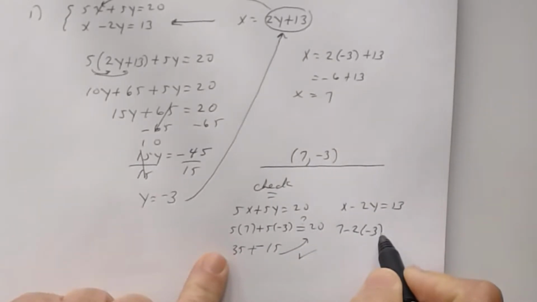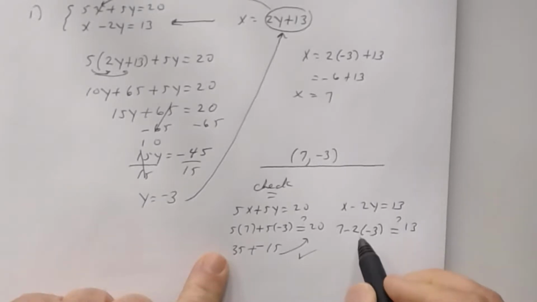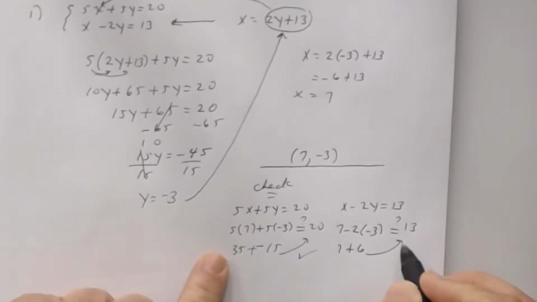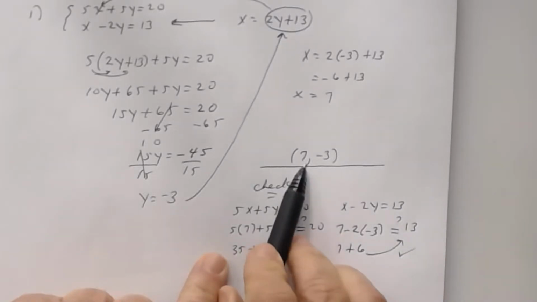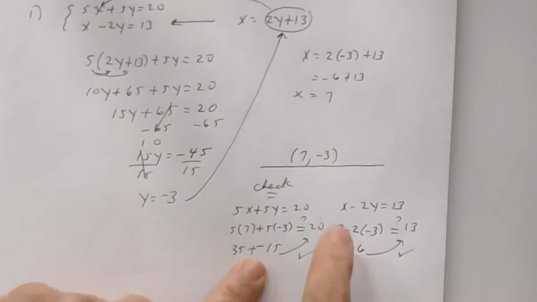Y is negative 3, and I want to see if that's equal to 13. So that's 7, and a negative 2 times a negative 3 is a positive 6. Is that equal to 13? Yes. All right. So this point makes both equations true at the same time. That's the only point that satisfies both equations at the same time.